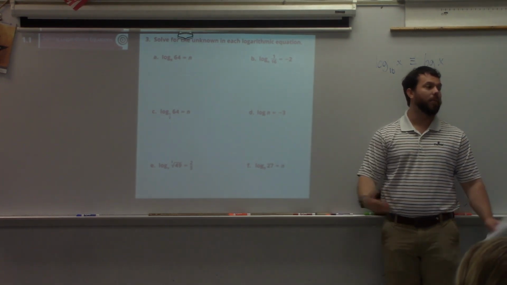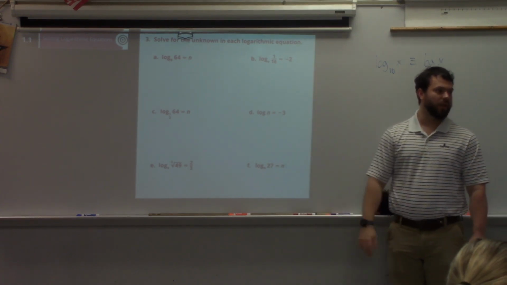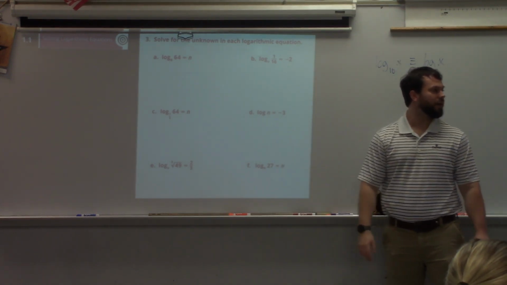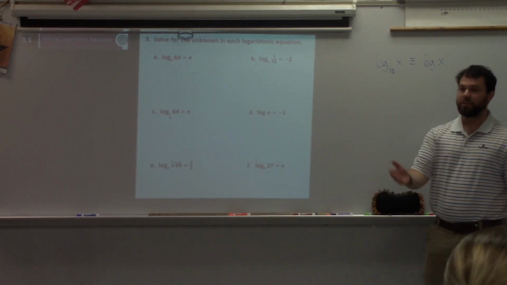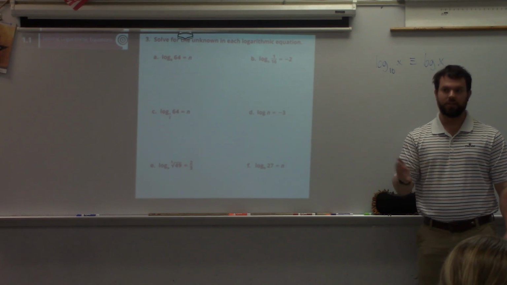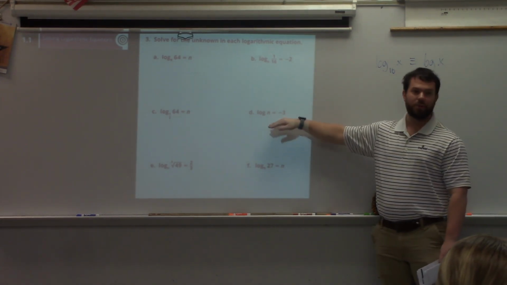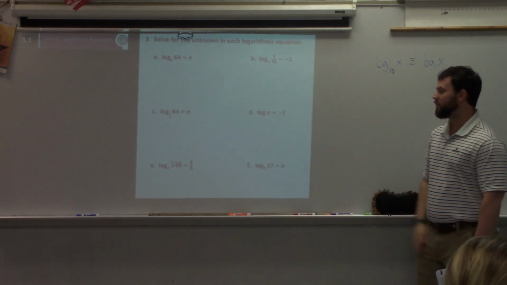It's a common logarithm, okay? So if it's ever a different base, you have to write the base, but if it's base 10, you don't have to write it. Now I mentioned this yesterday, can you write the base 10 in there? Yes, I won't sweat it. Be aware though, if you ever see a logarithm without a base written, it's understood to be base 10.